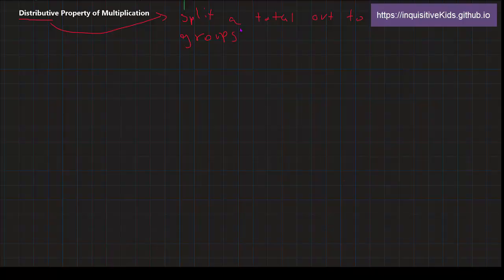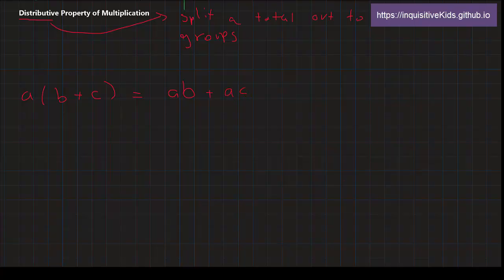Okay. So the distributive property of multiplication is when you have one number times the sum of, or difference, but in this case we could do sum, a times the sum of b and c is equal to ab plus ac.